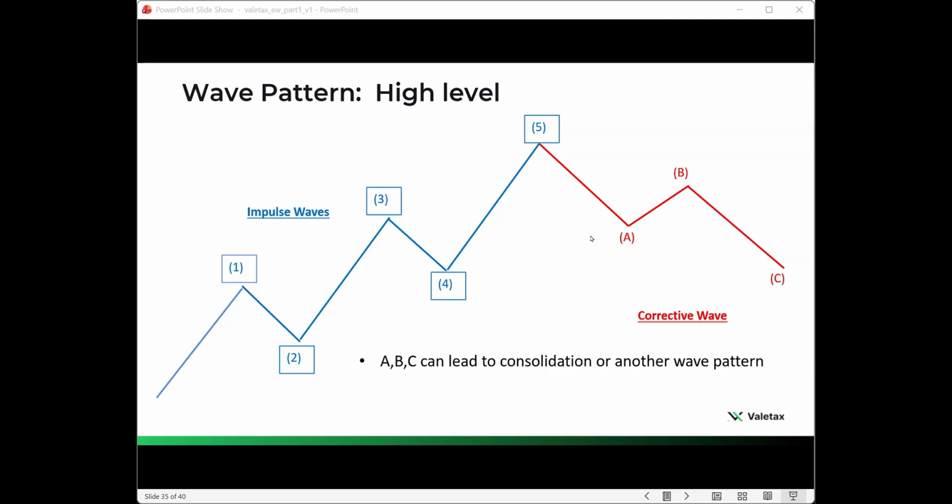Okay. And that's the confusing part of everything here for the second part, and why we basically separate this out into two separate workshops. The very first workshop, you should be concentrating on recognizing this pattern and then trading the 4 to 5 wave, because that's the high probability scenario and that's where the money is.